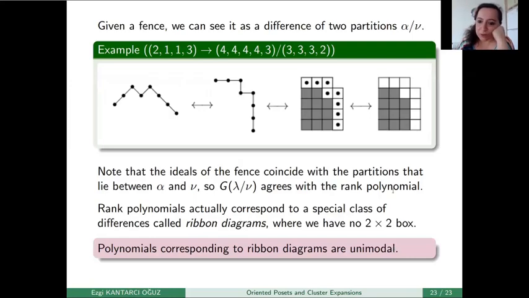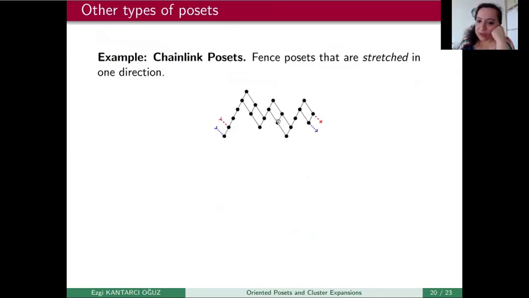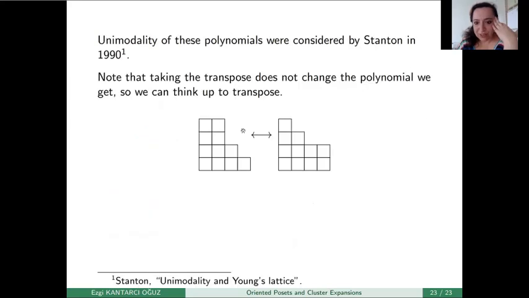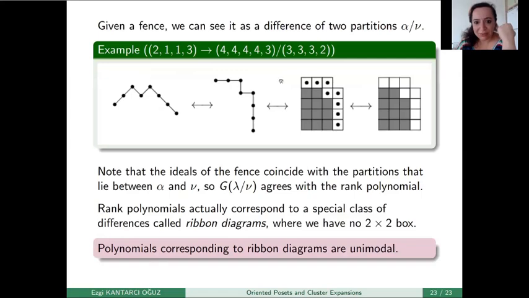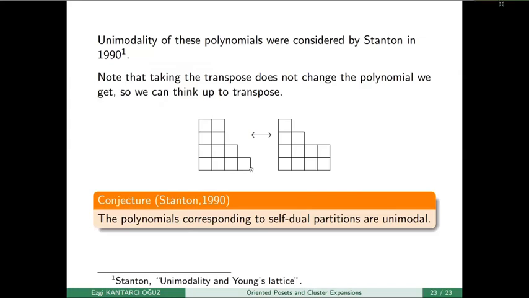And we were also able to show the unimodality in this case of chain-link posets, which can be thought of as a slightly larger family that we have unimodality for. It will be fun to work more on that and look at more intervals. I think this might work well with having more connecting points as well, like looking at a way to dissect a Young diagram into different chains and then play with them and get unimodality. Okay, thank you very much.